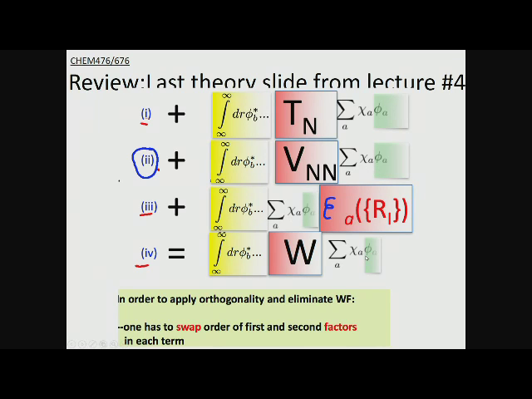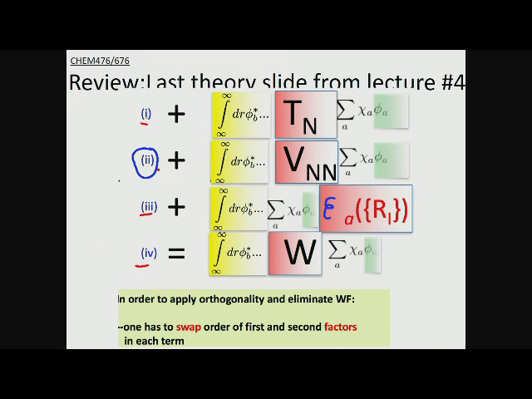Since our goal, there is nothing new, I'm just reviewing what was last time. Since our goal is to get an equation for chi, this symbol, chi sub a, we want to find this symbol.